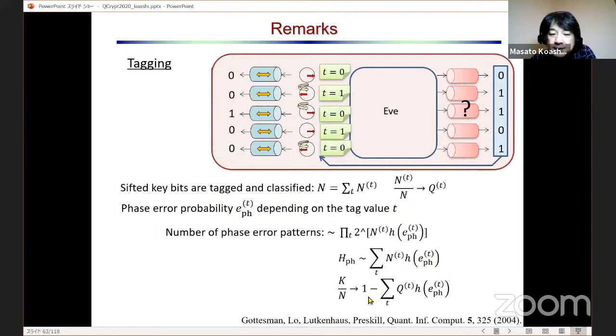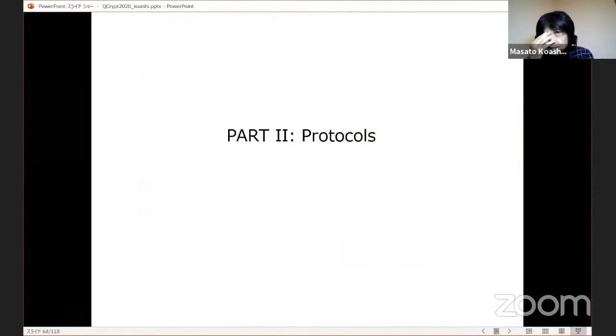This ends up with k over n being 1 minus the average of the binary entropy of each phase error probability. This technique is often used in proofs. So this is the general recipe in the phase error correction approach.